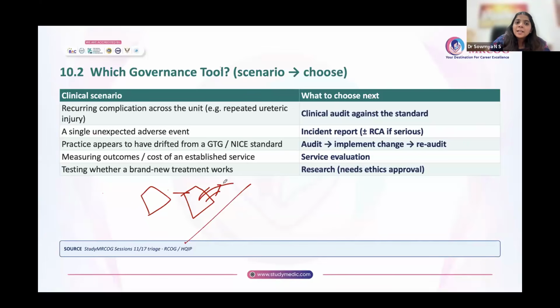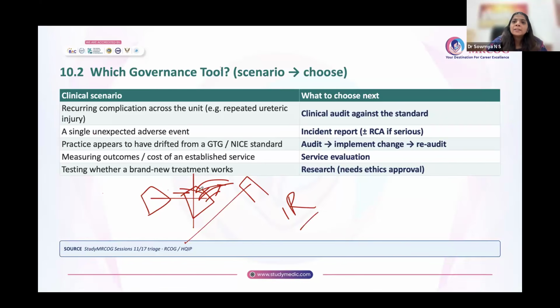The patient falling down is an event. Ideally, there shouldn't be a wet floor in the hospital. If it is there, there should be a name board. So what you are going to do is an incident report. Any incident, lift failure, you will do, because incident report is not only for health, it is for all the system failures. So you do an incident report.